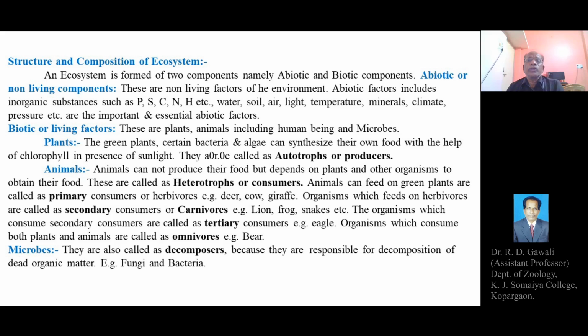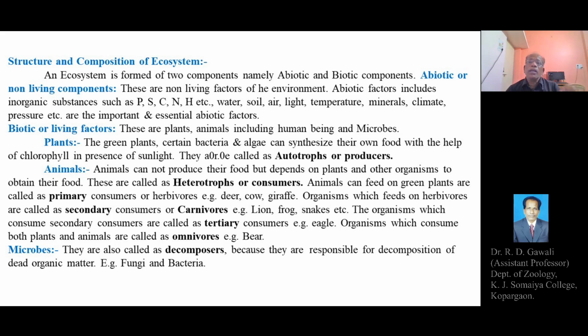So the structure and composition of the ecosystem mainly contain these abiotic and biotic factors, which are interdependent with one another, with a kind of interaction between them. There is a continuous transformation of abiotic factors into biotic factors, and biotic factors back into abiotic factors.